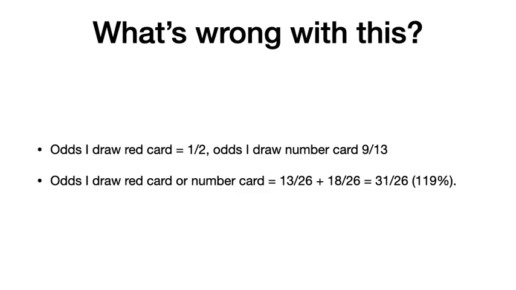So the odds that I draw a red card from a well-shuffled pack of cards, 1/2, right? 13 out of the 52 cards are diamonds, 13 are hearts. That's 26 out of 52, 1/2. The odds that I draw a number card, well, 2 through 10 are number cards. 9 number cards in every suit, 9 number cards diamonds, 9 are hearts, 9 are spades, 9 are clubs.